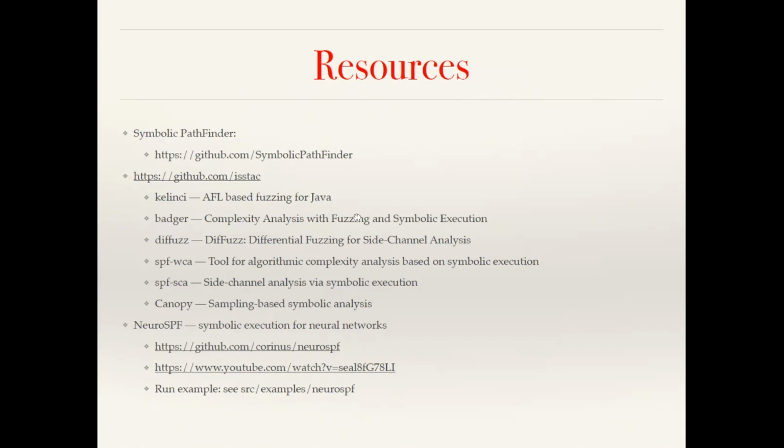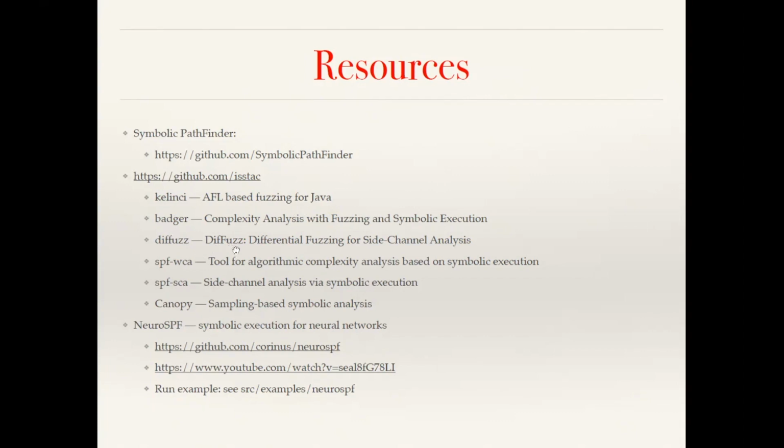ISTAC is the name of a project that we had, and it was about complexity and side channel analysis. So there you can find Kelinci, which is an AFL-based fuzzing tool for Java. Badger is a complexity analysis tool that combines fuzzing and symbolic execution.